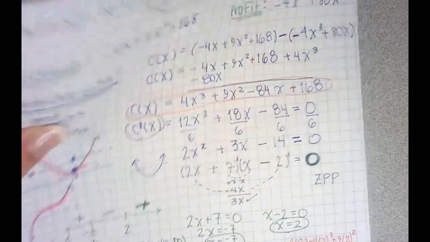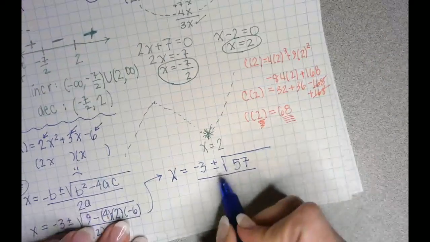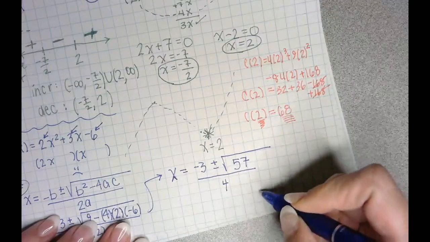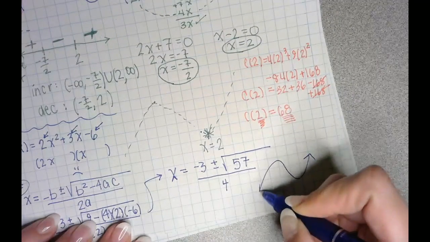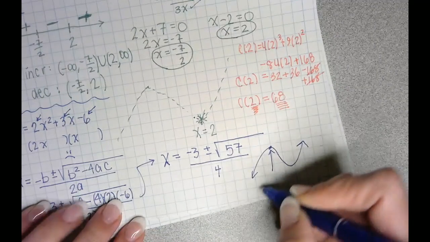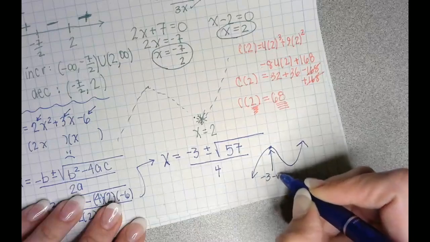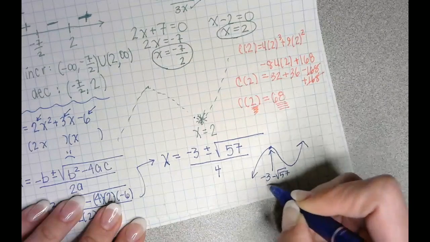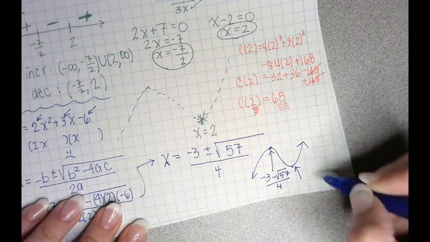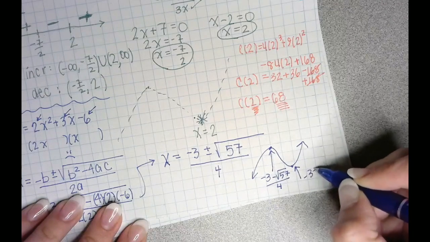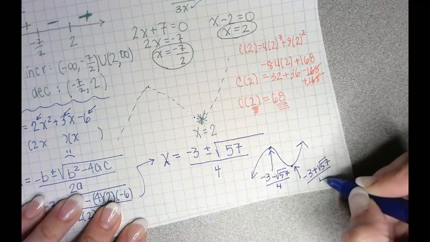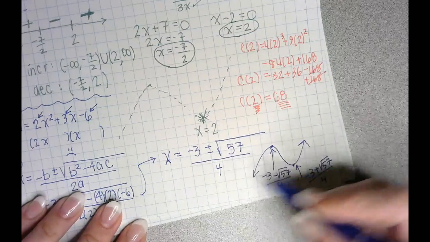So if it started with a positive leading coefficient, you know it looks something like that. This spot equates to the x value, the smaller one, negative 3 minus the square root of 57 over 4. And then this one equates to the x value, negative 3 plus the square root of 57 divided by 4. Those are the x's.